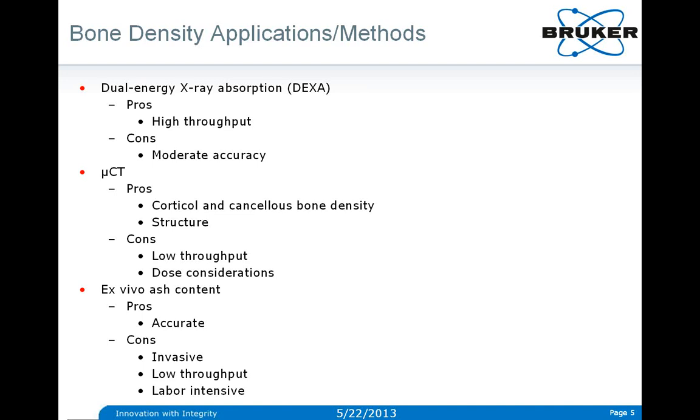One of the major benefits of micro-CT is that this method is very detail-rich. So you can make bone density measurements for different subsections of bone. We could get a separate bone density measurement for cortical versus cancellous bone.